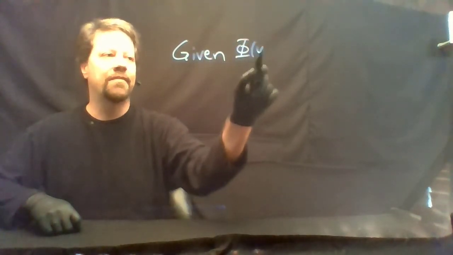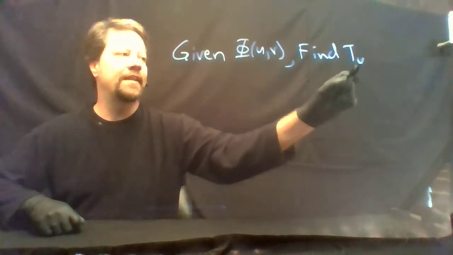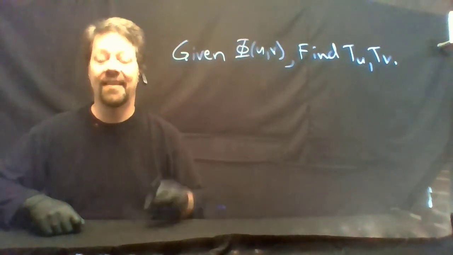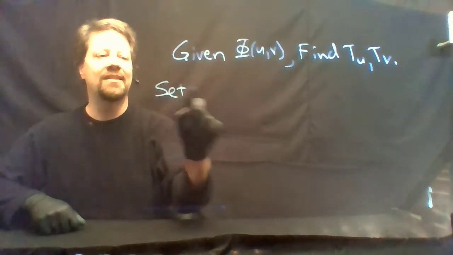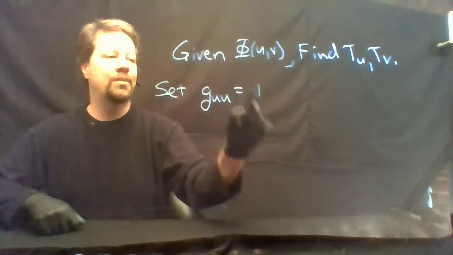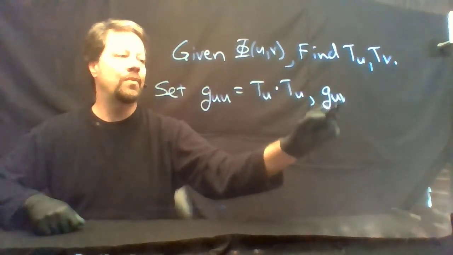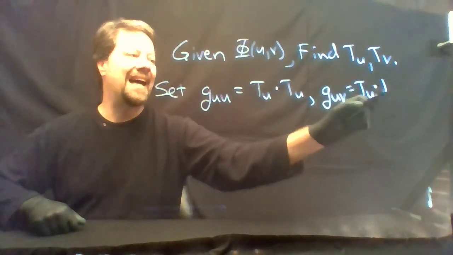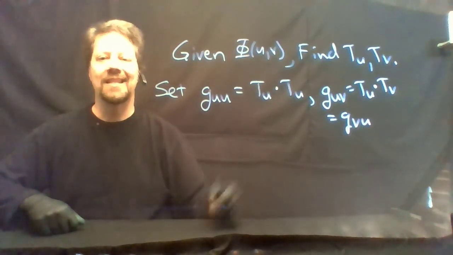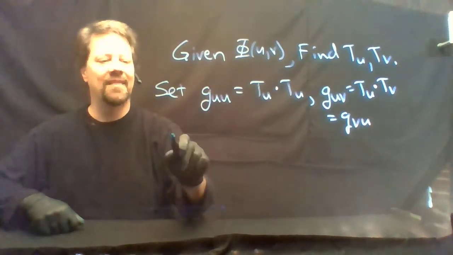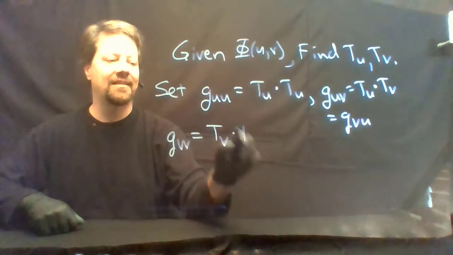Given a parametrization for the surface, we find the tangent vectors Tu and Tv. Those are tangent to the surface, so they are intrinsic. We will set GUU to be Tu dot Tu, GUV to be Tu dot Tv, and that will be the same as GVU because the dot product is symmetric. And we'll also set GVV to be Tv dot Tv.